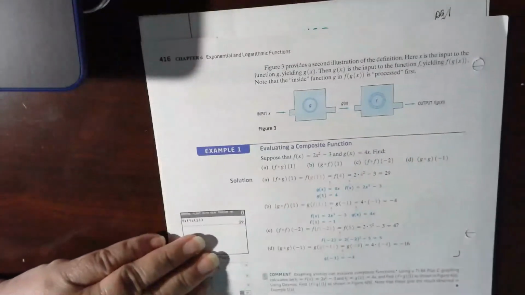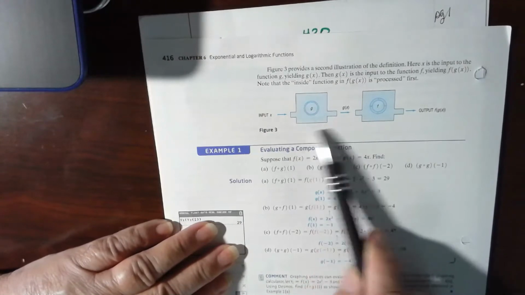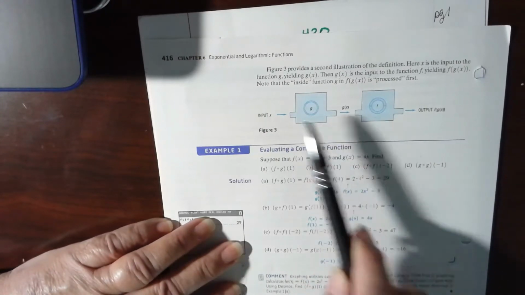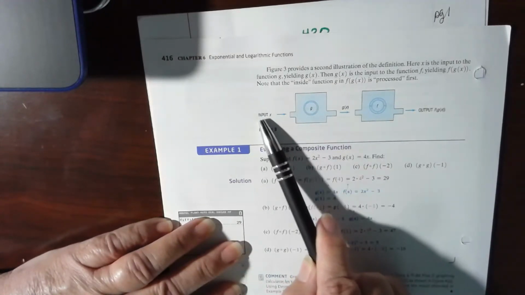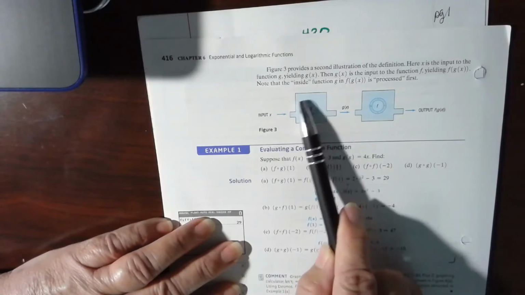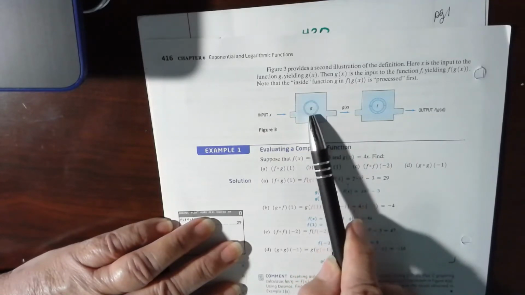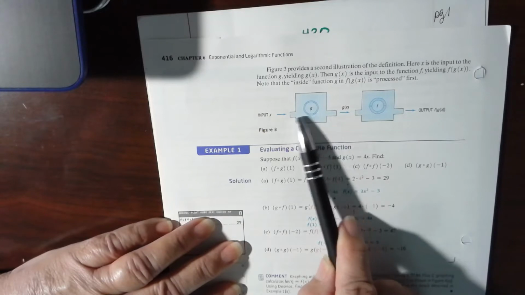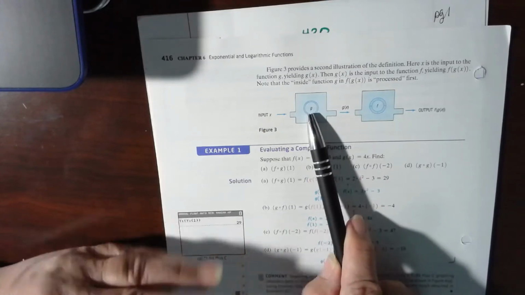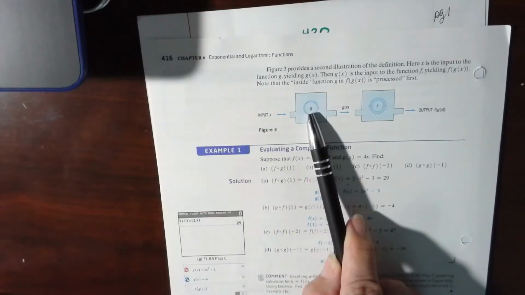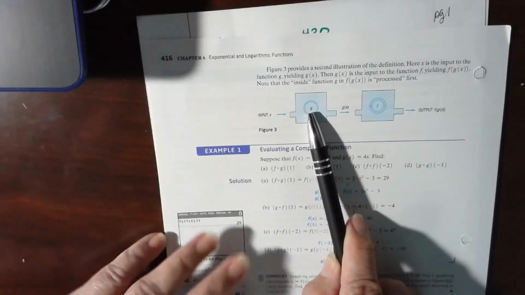This is a type of diagram that I like to use. I think it gives us a picture of what's happening. You start with some number x, and you substitute it into the function for g, whatever that might be, whether it's multiply by 2 and add 3, or multiply by 4 and add 7, or whatever it might be.